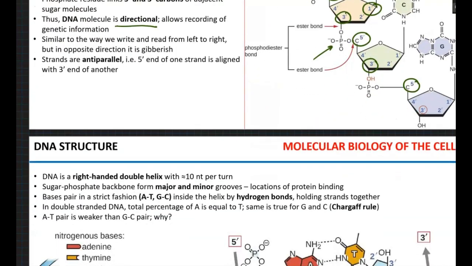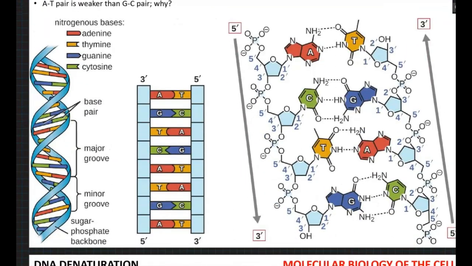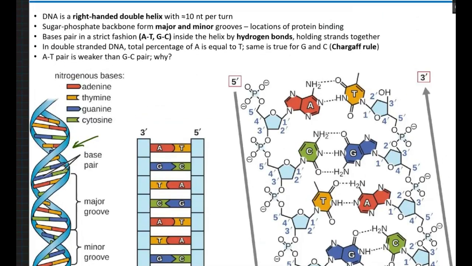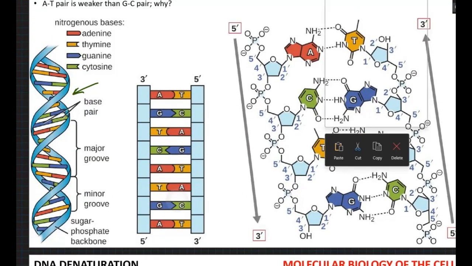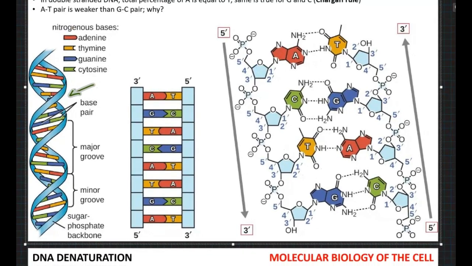Now, DNA is a double-stranded molecule, as you can see here. Not just a double-stranded molecule, it is a double-stranded helix in which individual strands are anti-parallel to each other. What does that mean?